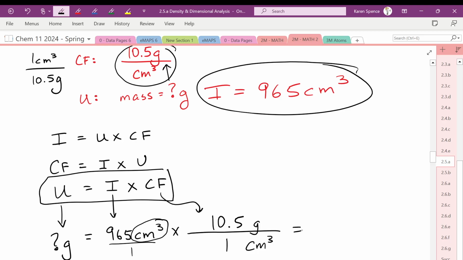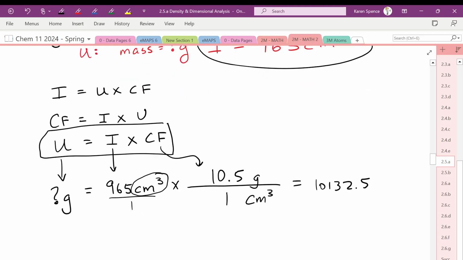965 times 10.5 is 10132.5. Whew, that's a big number. How many sig figs should we have? 3 sig figs. 3 here, 3 here.